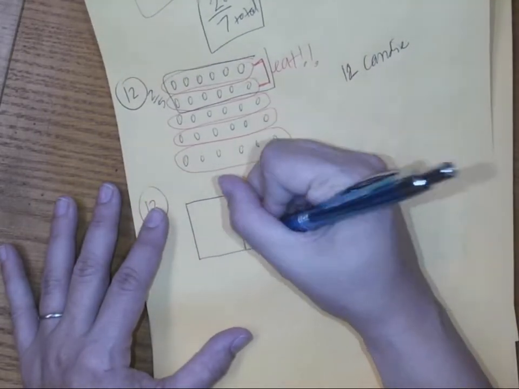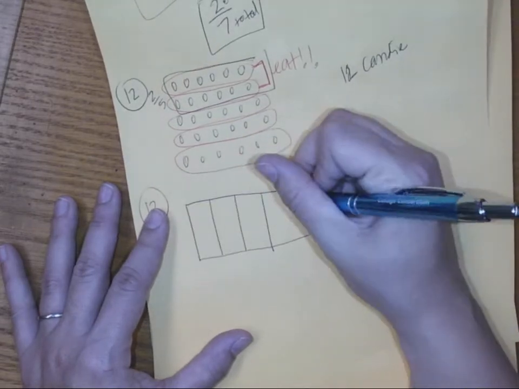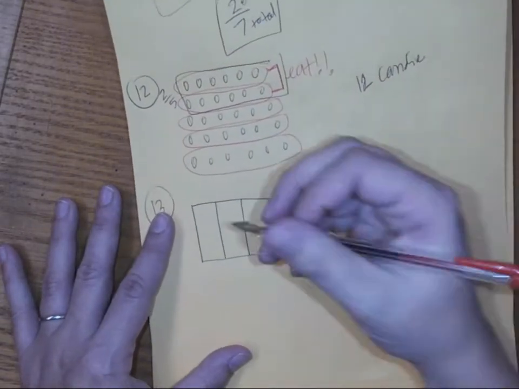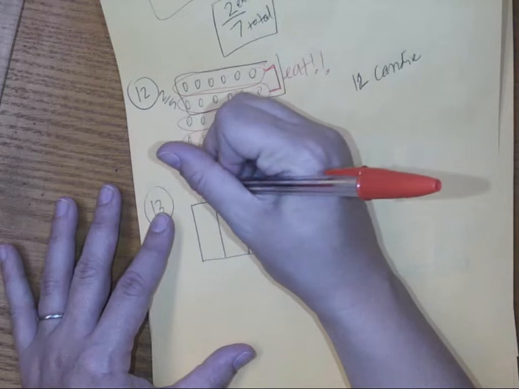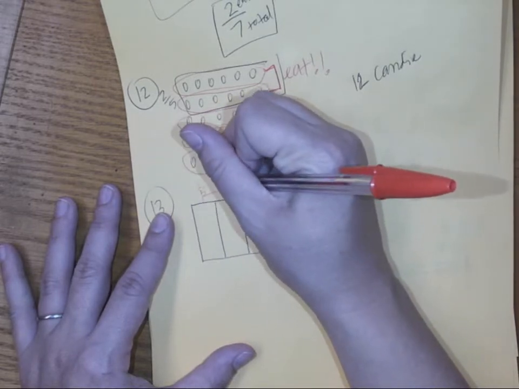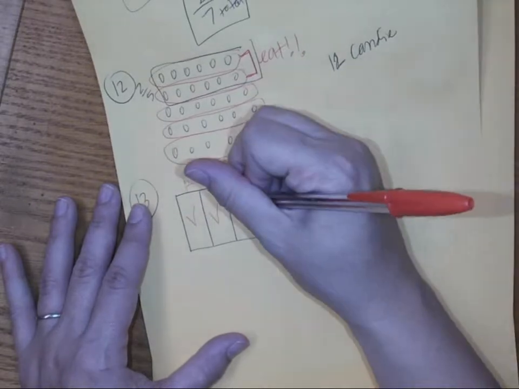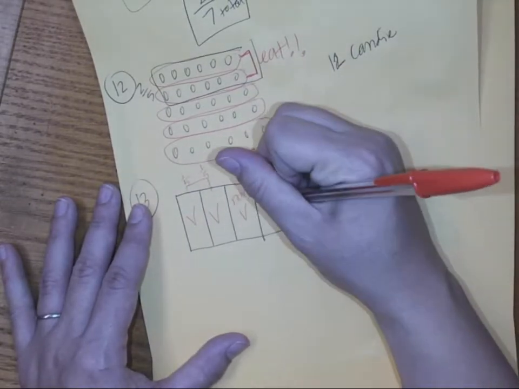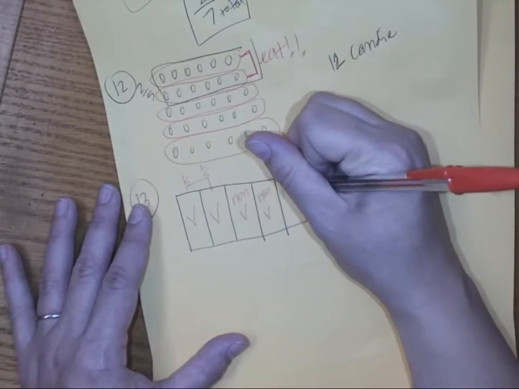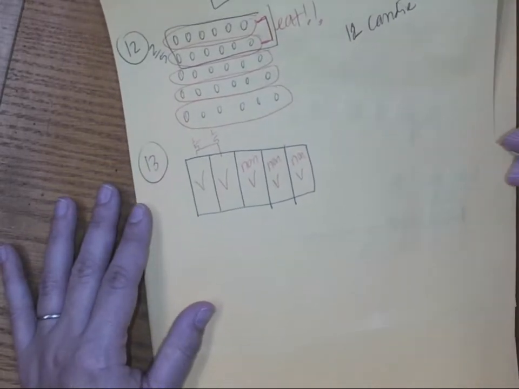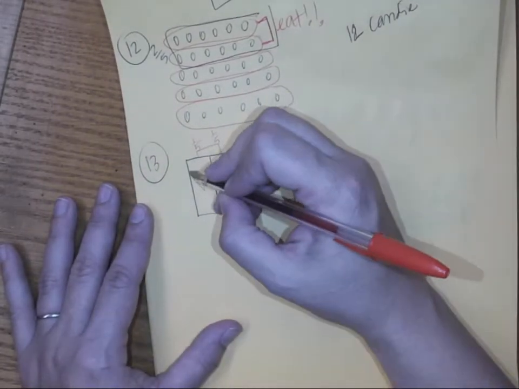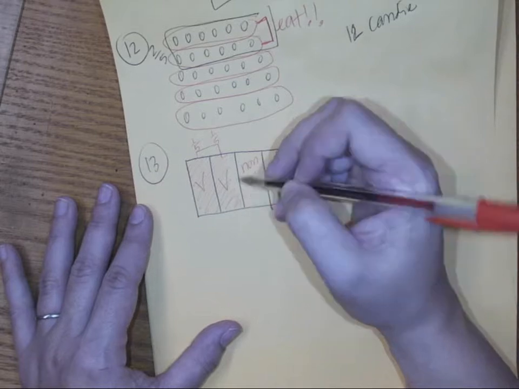So I need to split this into 5 parts. So of these 5 parts, 2/5, right? So 1/5 and 1/5. These are my vegetarian ones. I'm going to put a V there. And these are my non-vegetarian. Okay, so this is 2/5 of it that's vegetarian.